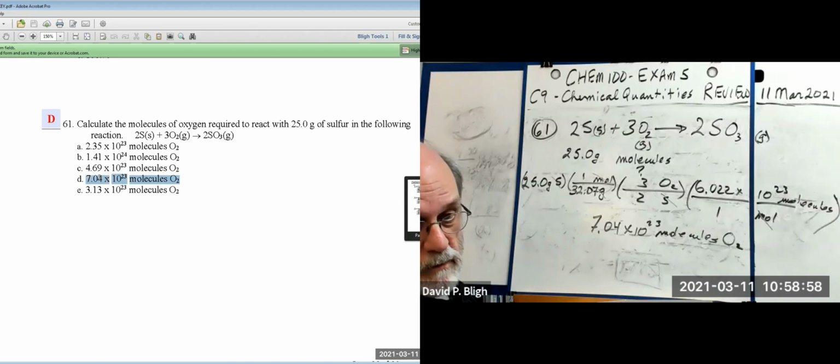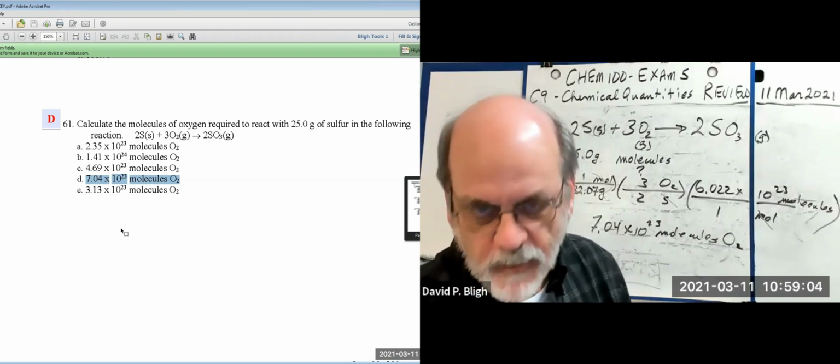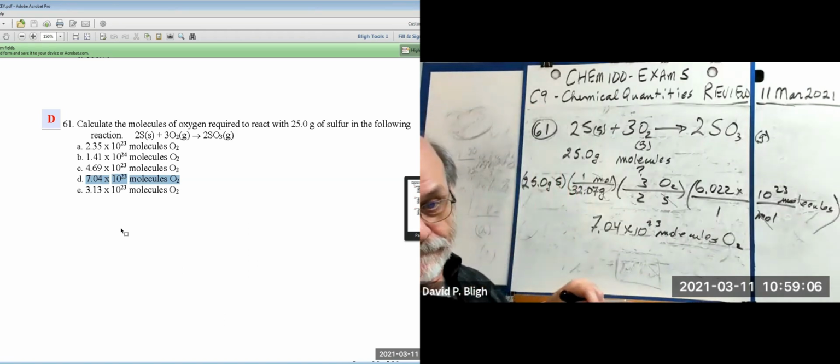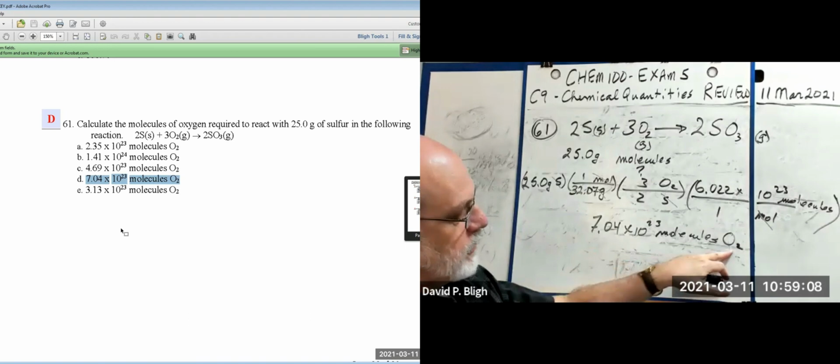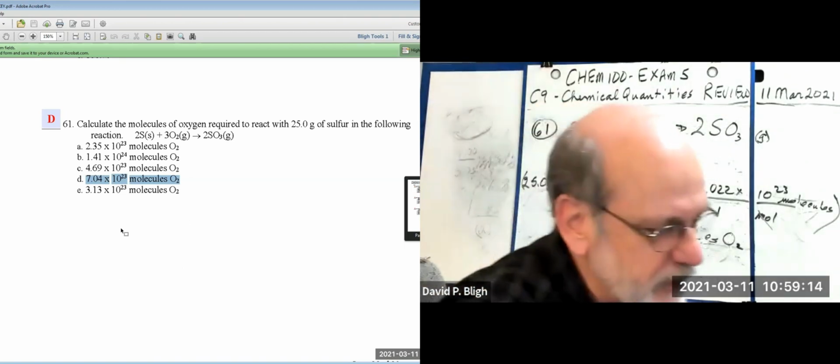There you go. How many atoms of oxygen is that? Exactly twice as many, because the molecule of oxygen has 2 atoms each. All right, so that was 61.